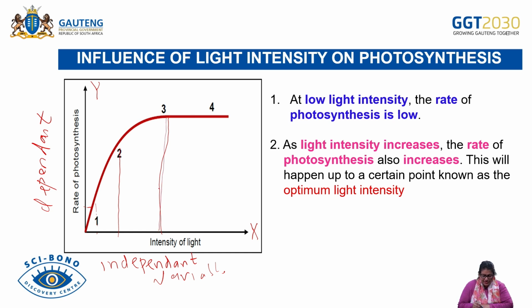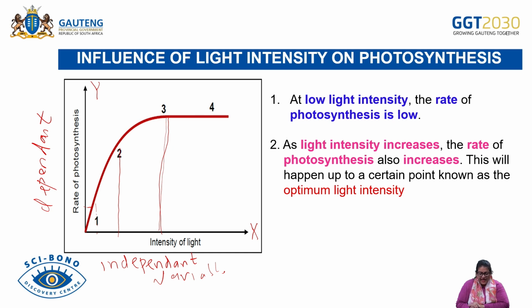Can you see? At 3, that was the most suitable light intensity, because at that point, that was the highest rate of photosynthesis. But when the light intensity was low, like here, the rate of photosynthesis was less. Okay, and then when it was at 4, it means it never increased or decreased, but stayed at the same constant level. So how will we analyze this graph?